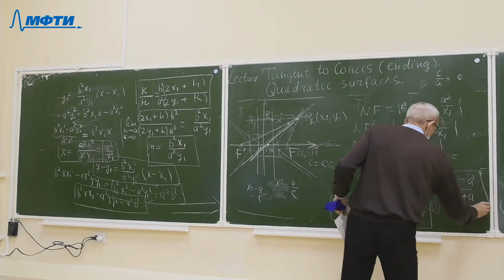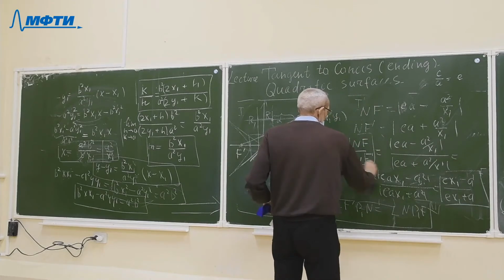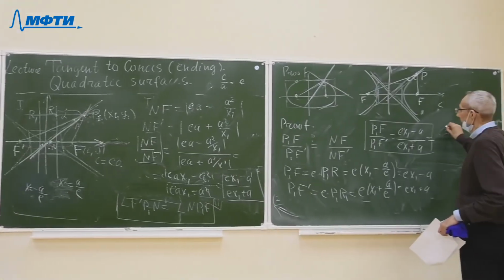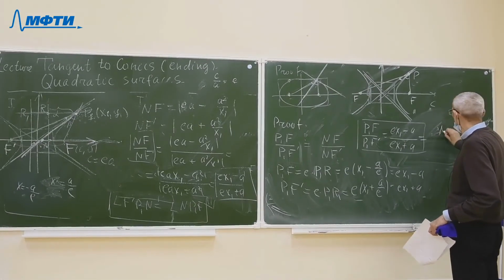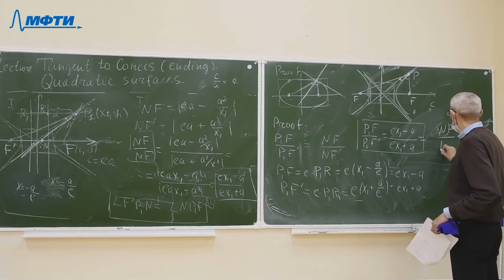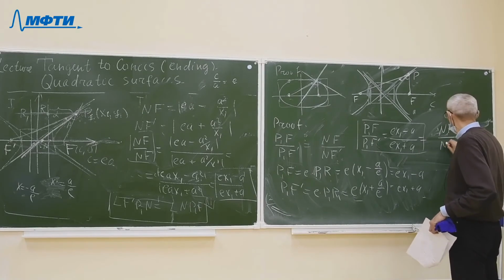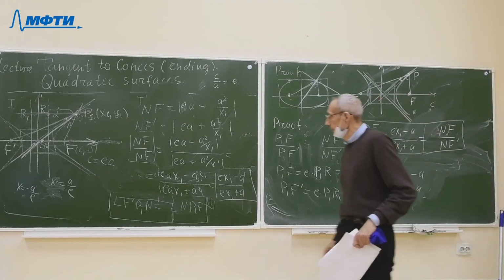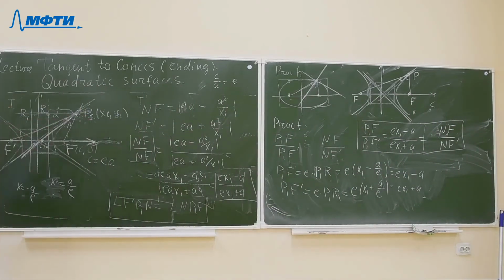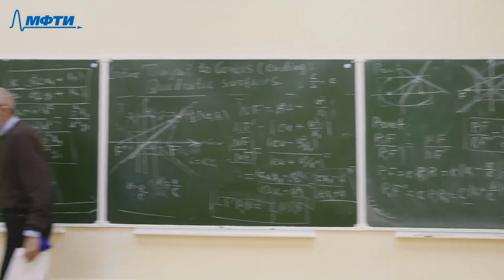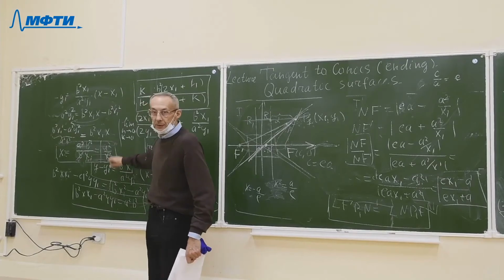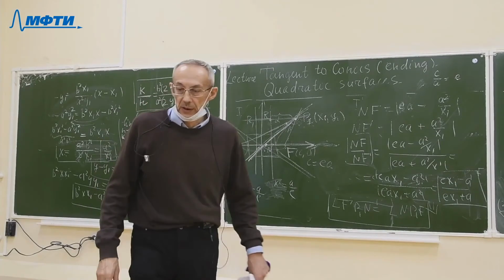And we obtain the same ratio for PF and PF prime. And we finished the proof of this theorem, except this mistake. We can change the denominator, and obtain the right answer.